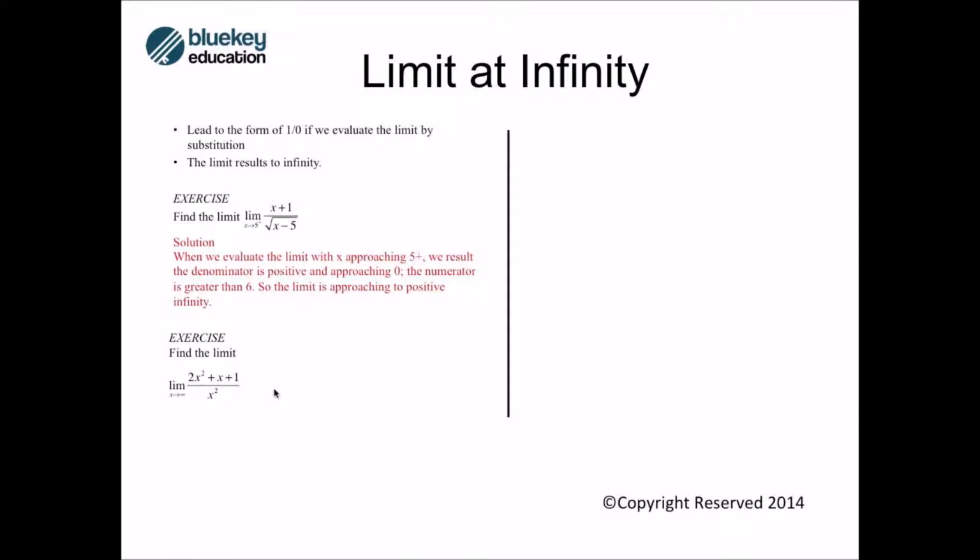The next question. Now we need to compute the quotient of two polynomials. Let's take a look at this question. The highest power in the numerator and denominator is 2. So we can divide the top and bottom by x squared, or multiply by the reciprocal of x squared.